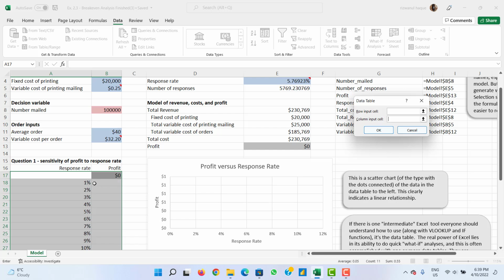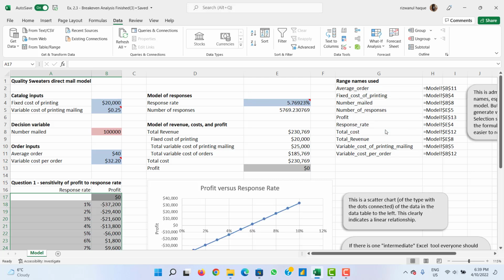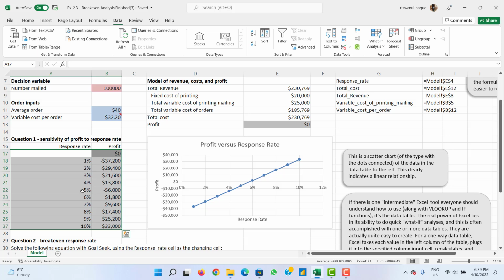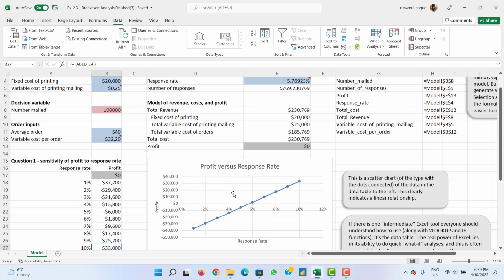So right now I just want to tag it as my profit zero, and it is for response rate 5.7692%. So my column input cell should be this one. Now you can see that for 5% it is negative, and for 6% it is 1,807, increasing. So the more my response rate increases, the more profit I will get. That will depend on your business.